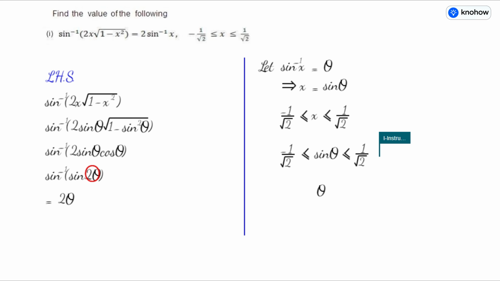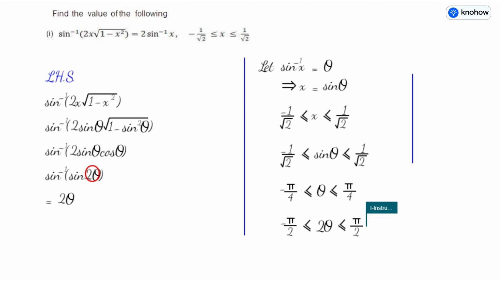So theta lies between negative pi by 4 to pi by 4. Multiplying throughout by 2, 2 theta lies between negative pi by 2 to pi by 2. What is the principal value branch of sine inverse x? The principal value branch of sine inverse x, you know very well, is negative pi by 2 to pi by 2.